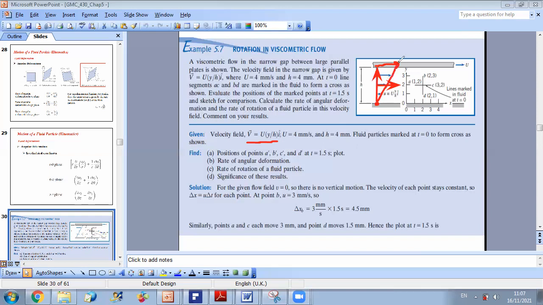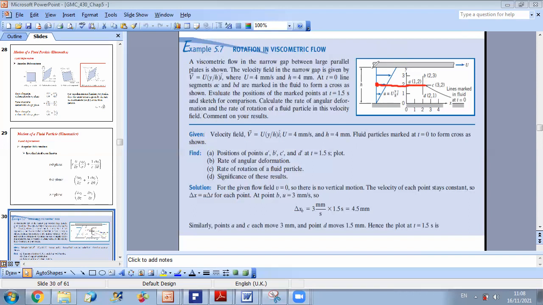Now, since there is no velocity along y, if I have a particle here and I track it, it will move in the horizontal direction. It cannot move in the vertical one since v is 0.